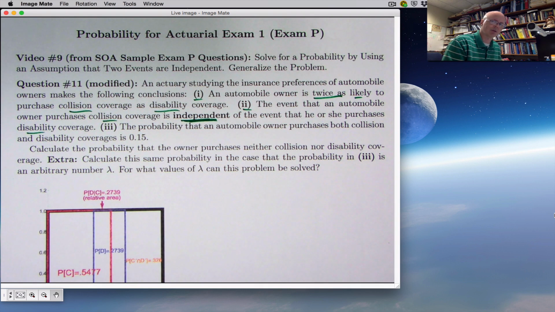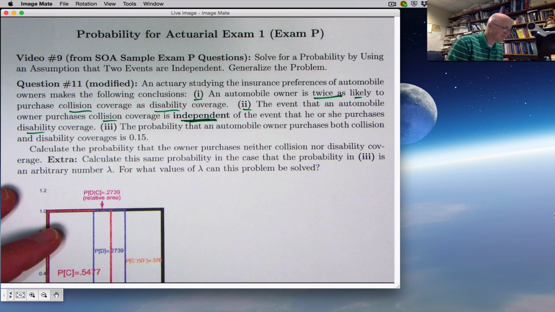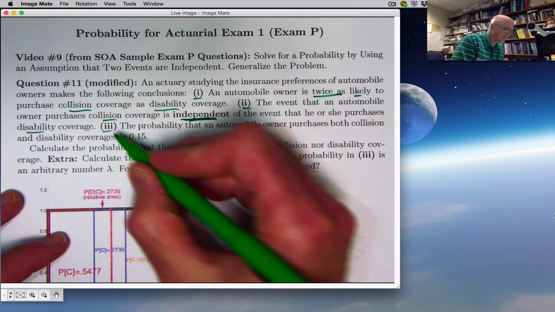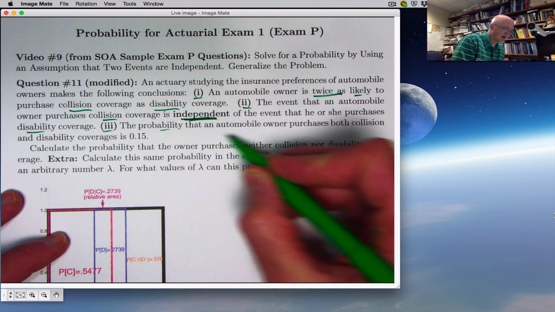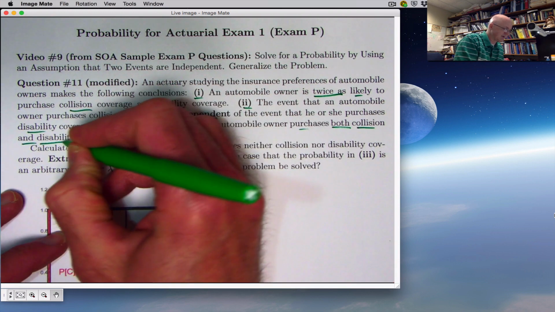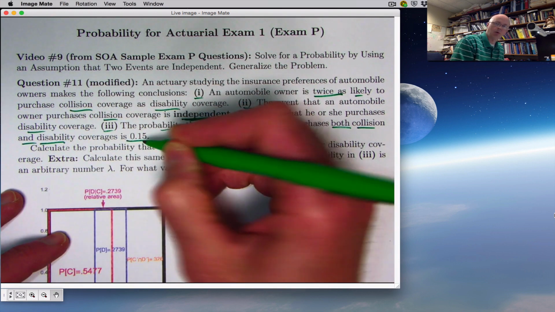The conditional probability of purchasing C, given that they purchased D, for example, is equal to the ordinary probability of purchasing C, and vice versa. You can switch the C and the D around. That's what independence means.